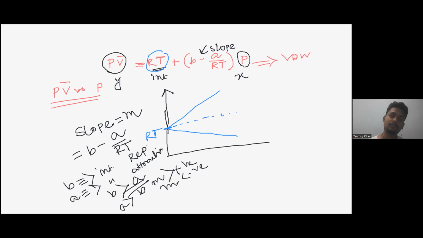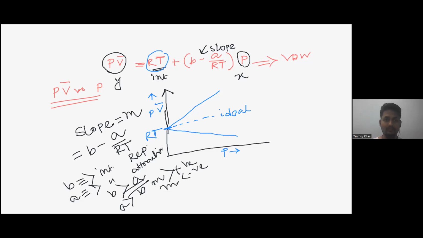And this is obviously PV versus P. And this is the ideal gas line. Whenever there is only RT, that means PV will be RT. So with the change of P, PV is never going to change. So this is the ideal line.